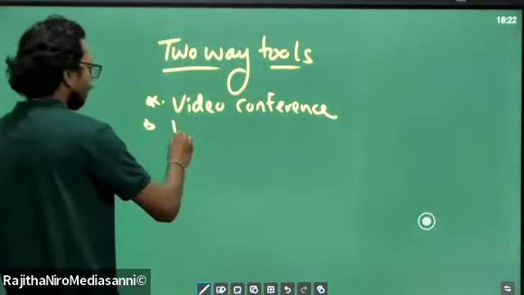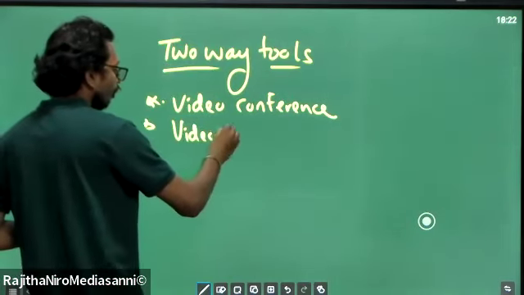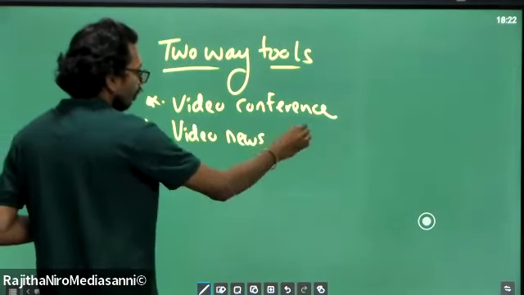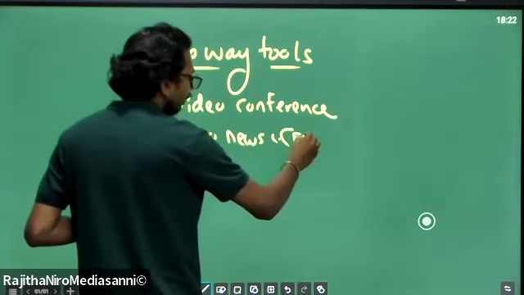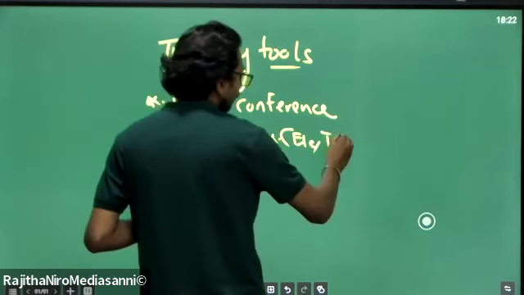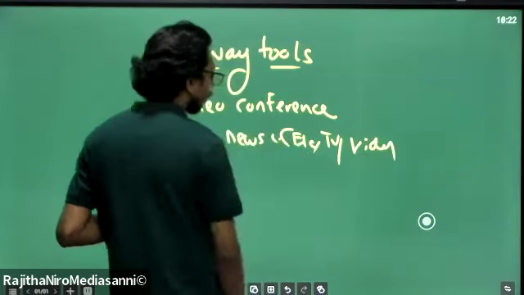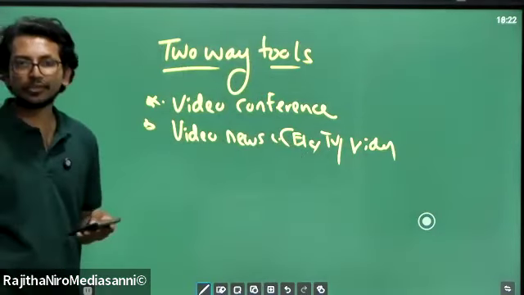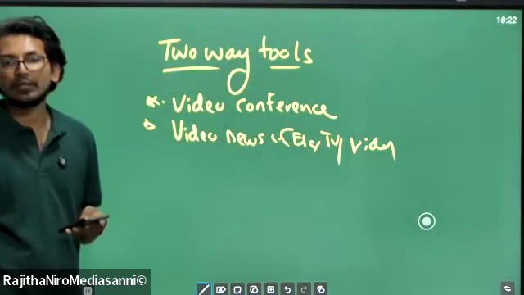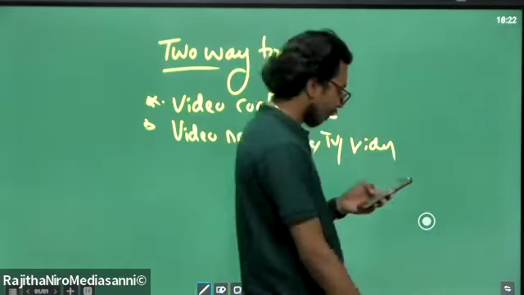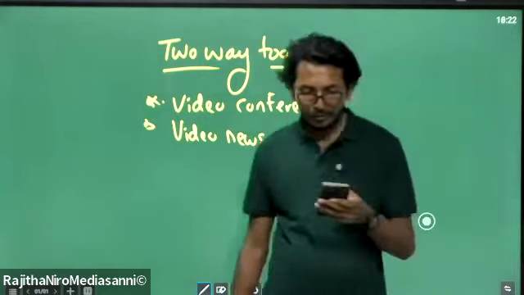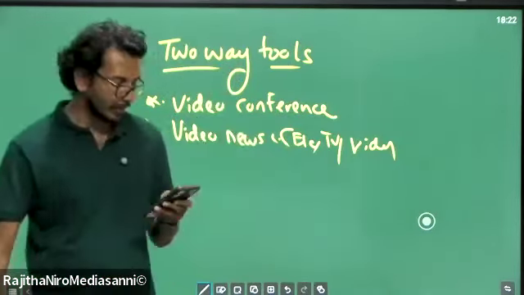Video news means we can see electronic media like television news or something, and some recorded videos. Nowadays, CCTV footage can also be used as a clue to someone. And the third one: webcasting, websites, email, social media, networks, all are there.